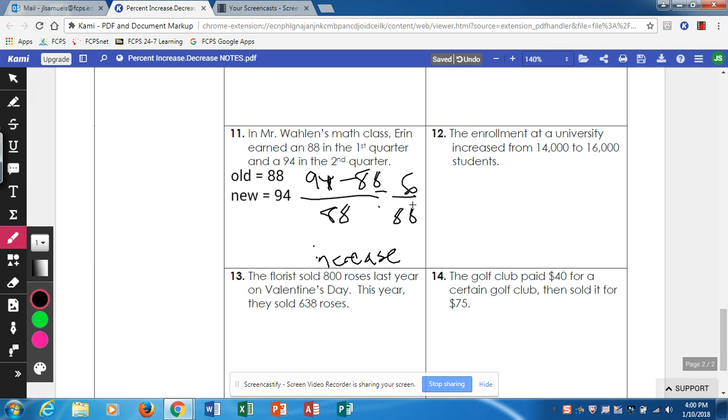And 6 over 88 simplifies down to 0.0681. That 81 is going to be repeating. So now we need to change this decimal into a percent, and to do that, we move it 2 places to the right. So we find that it is going to be a 6.81% increase.